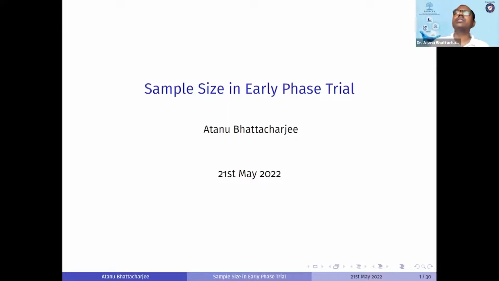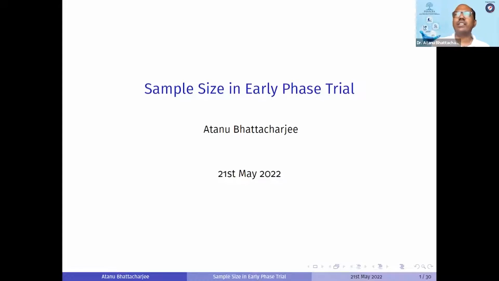Now let's come to the clinical trial prospect that we are going to talk about. In oncology, trials can broadly be separated into phase 1, phase 2, phase 3, and phase 4. I'm not going to talk about phase 4.